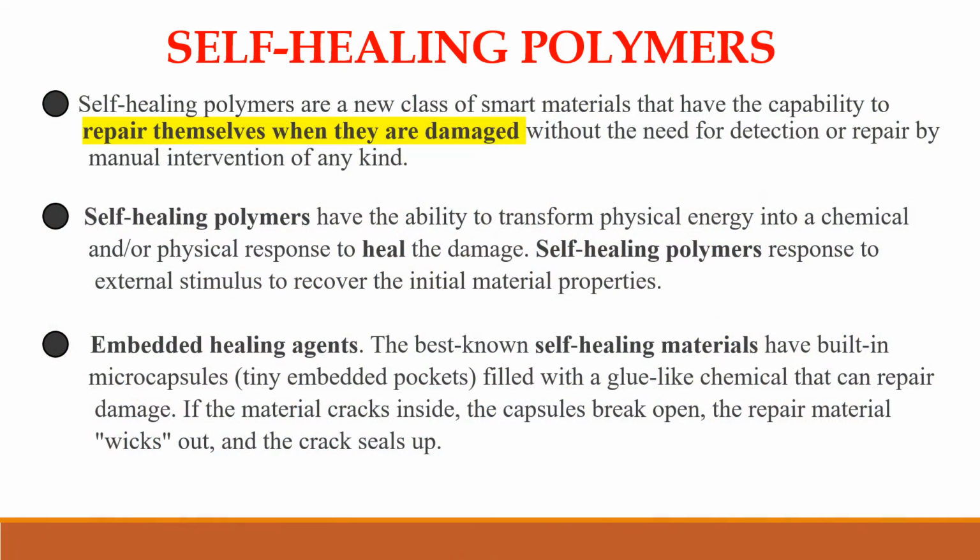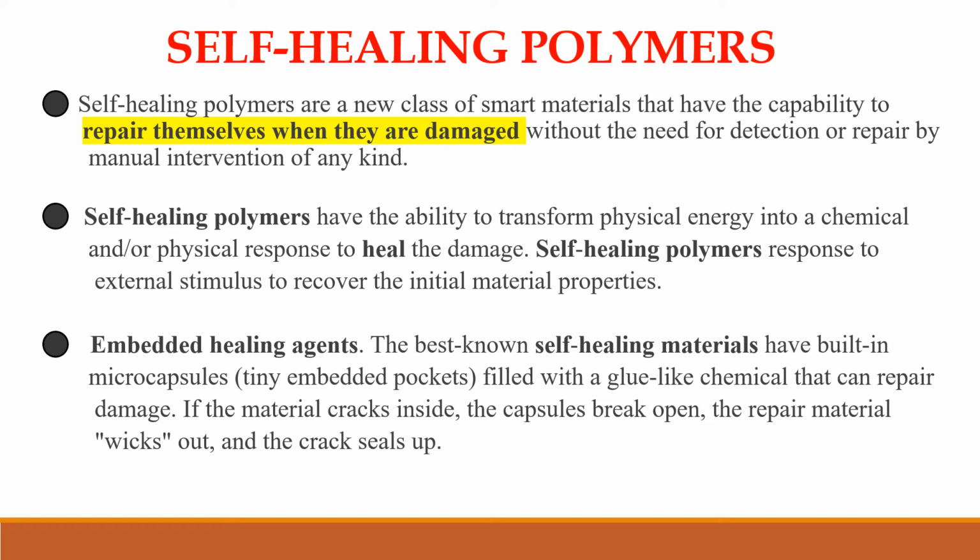That means the polymer has the ability to transform physical energy into a chemical response to heal the damage. Self-healing polymers are a new class of smart materials that have the capability to repair themselves when they are damaged without the need for detection or repair by manual intervention.